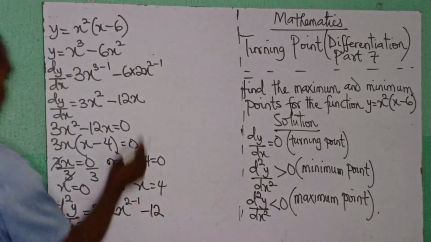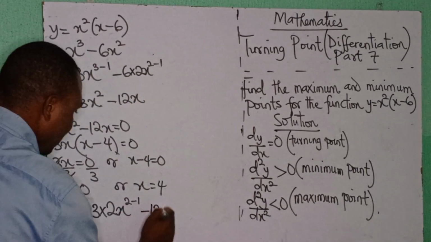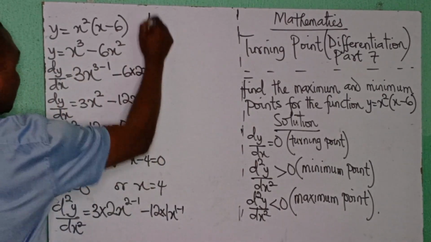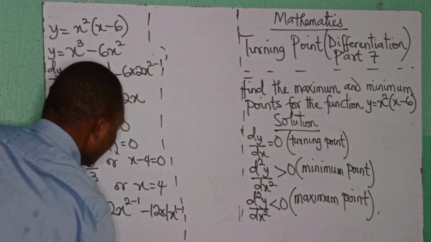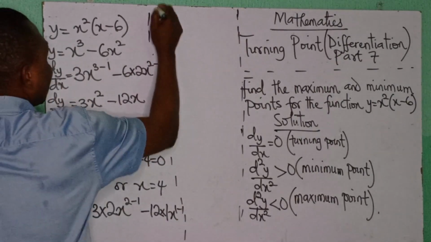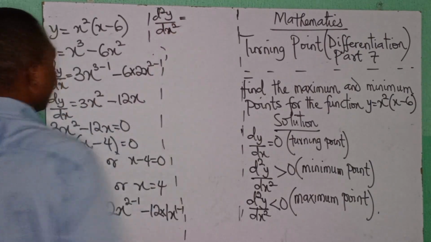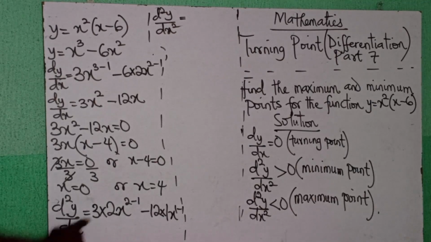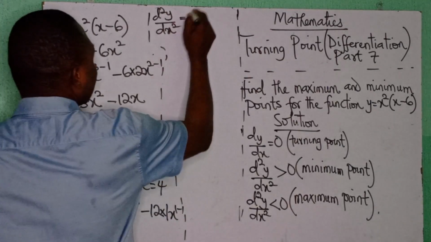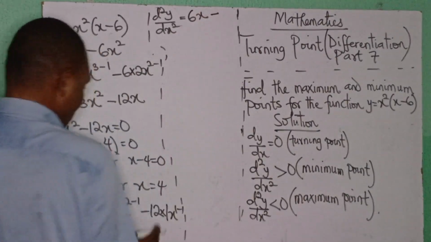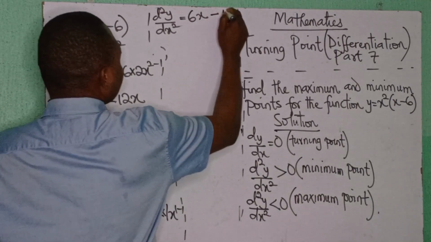Minus 12, highest power of x is 1. You bring it down, you write x raised to the power 1, and then you subtract 1. So I'm having 3 times 2 is 6x, 2 minus 1 is 1, minus 12 times 1 is 12.